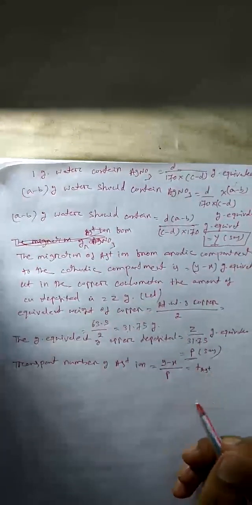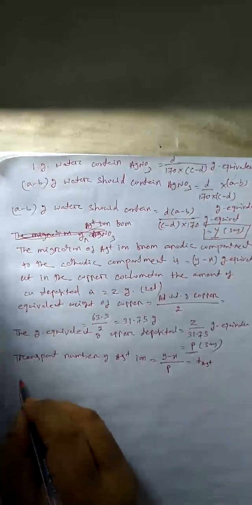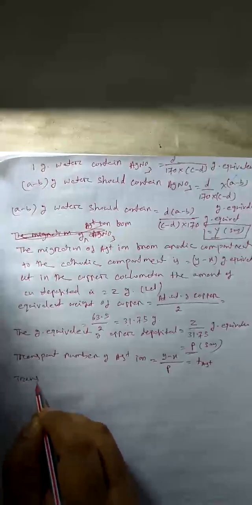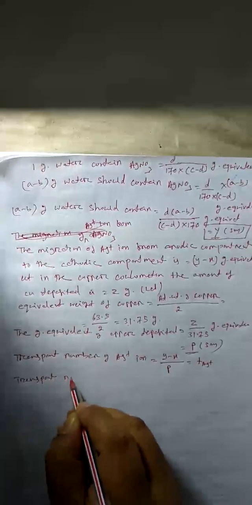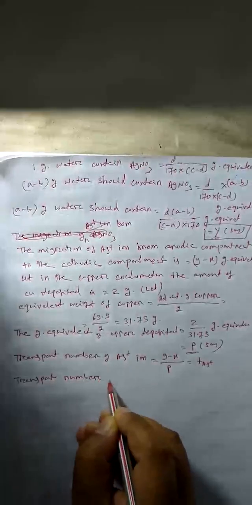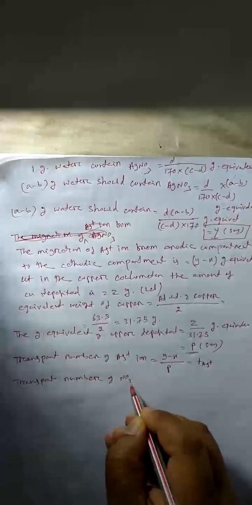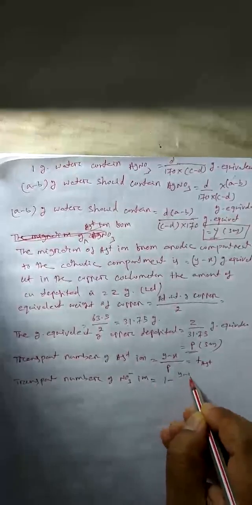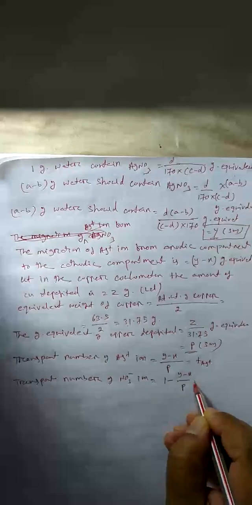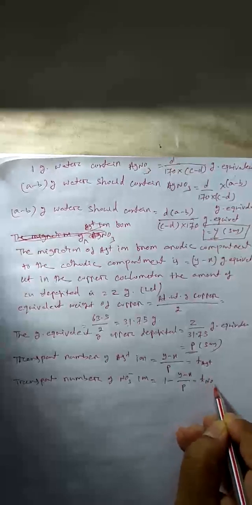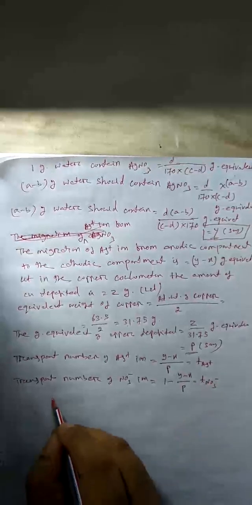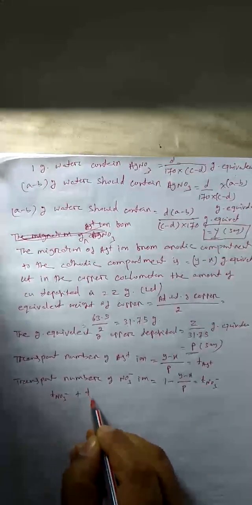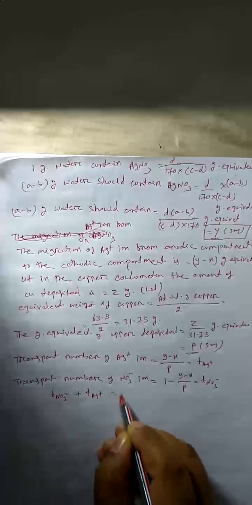If you want to find the transport number of nitrate ion, then it is 1 minus (Y minus X) by P. That is called the transport number of NO3 minus, because transport number of nitrate ion plus transport number of silver ion is equal to 1.